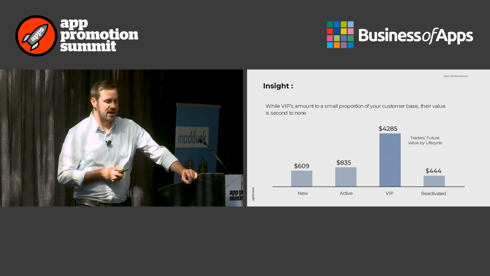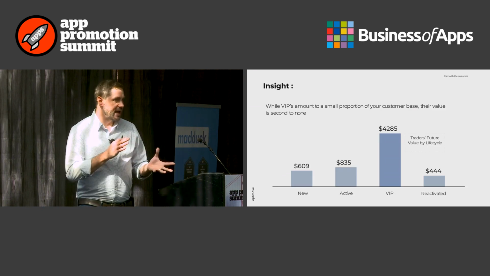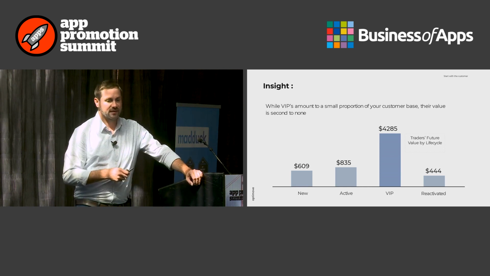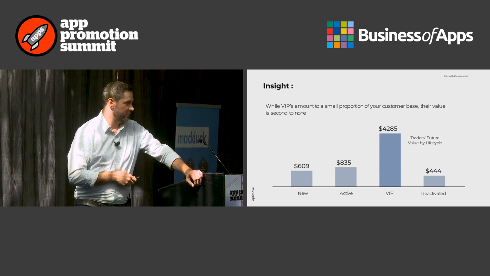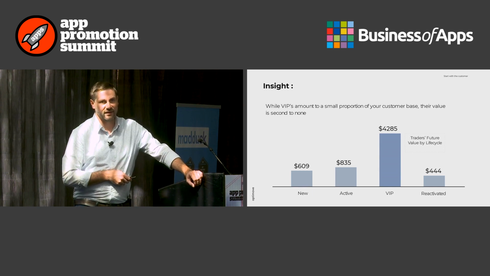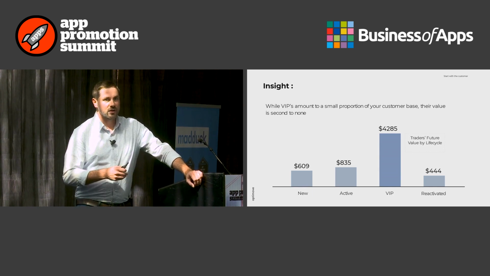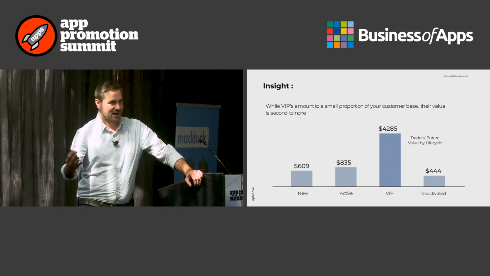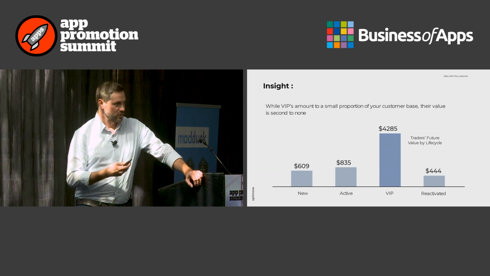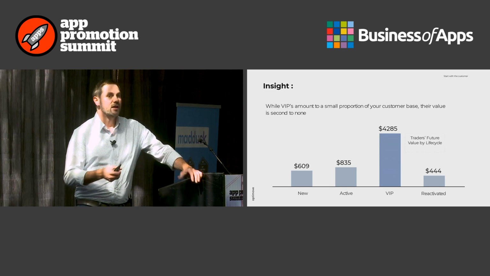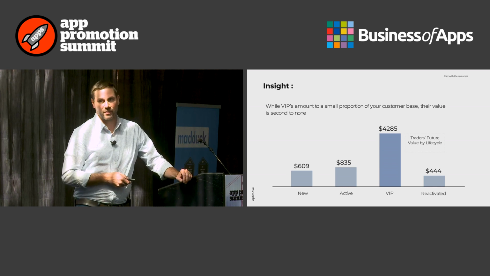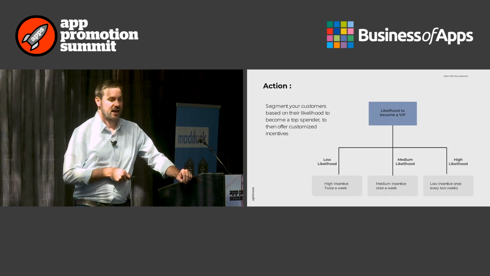And as you can see, for them, while the VIPs are a smaller subset of their total user base, the amount of value they get out of their VIP traders is significantly higher than any other group. So how can they engage those people even before they become a VIP? Using the predictive, you can start to see what segment of the user base will be most likely to become their best traders in this particular case.